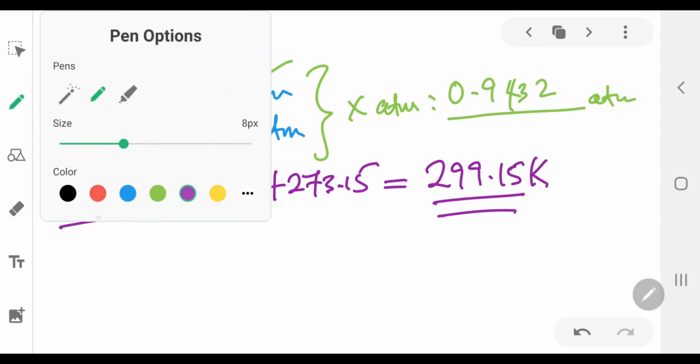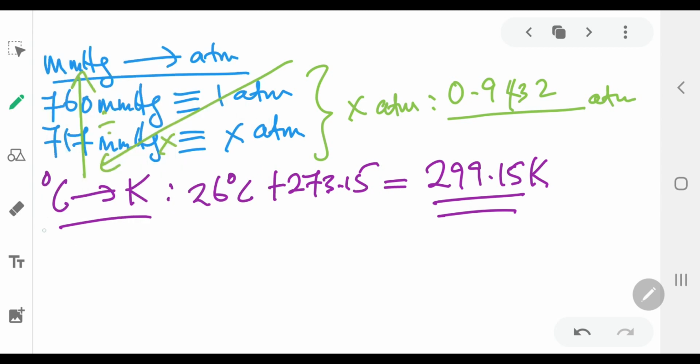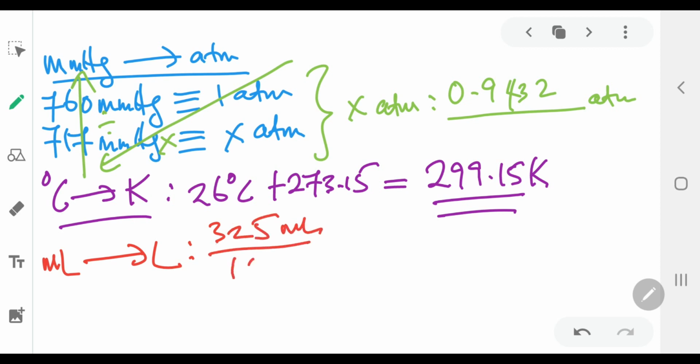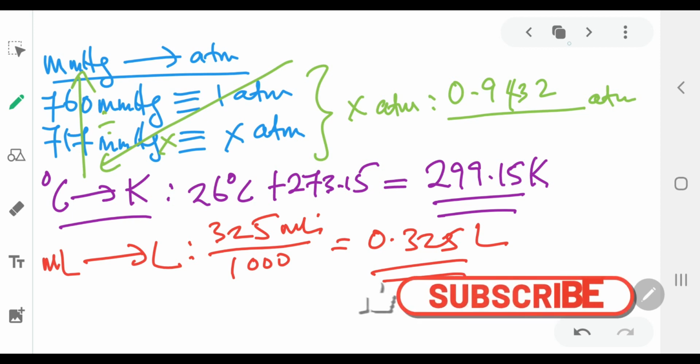Next is the volume. You have milliliter, you convert to liter. So 325 mL over 1000 mL, you should get 0.325 liter. So we have converted all of the values into the right units for us to use PV equals nRT.